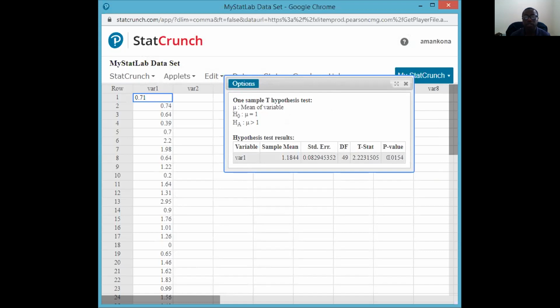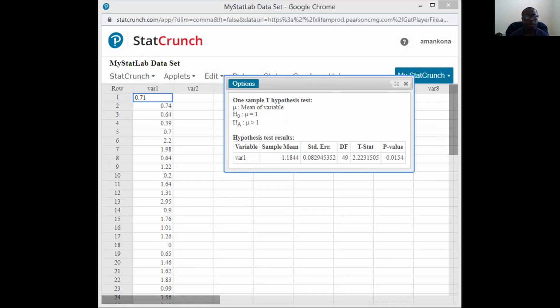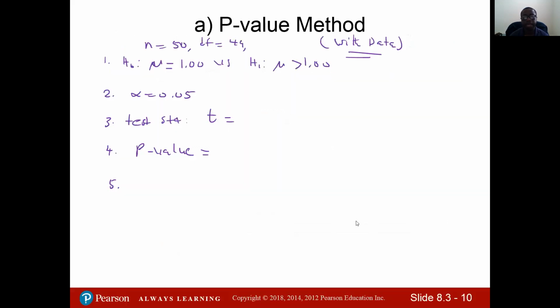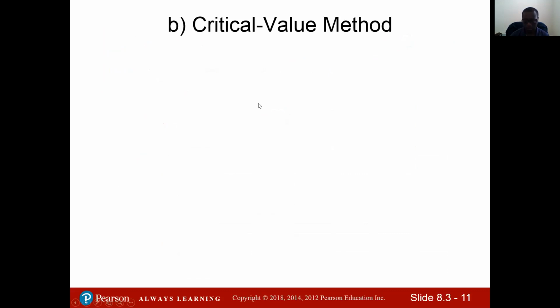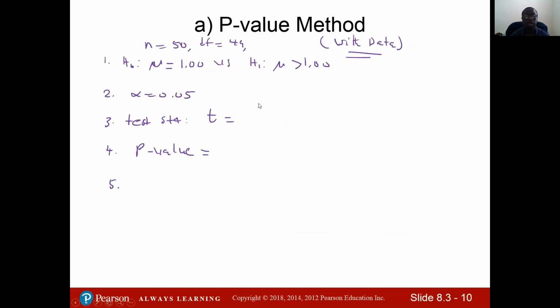Okay, now what is the p-value? P-value is 0.0154. My test statistic to 2 decimal places is 2.22. And so let's go back to our PowerPoint and complete that. The test statistic is 2.22.